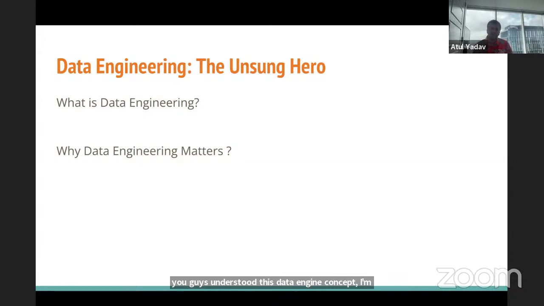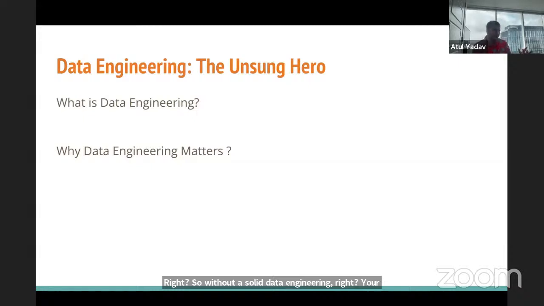Why does data engineering matter? Data engineering is basically the foundation for your AI and ML models, or for your AI and ML use cases. Without solid data engineering, your AI project is like a house built on sand.